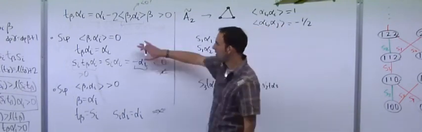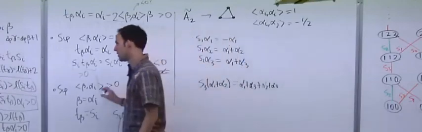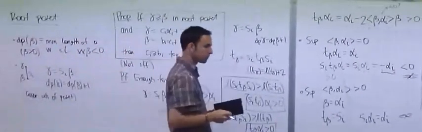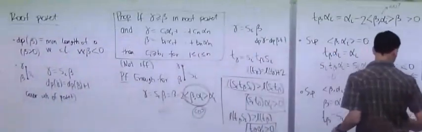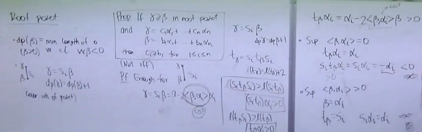So that proves that beta and alpha I can't have a 0 or a positive inner product. That means that inner product is negative, which is what I wanted to show. And that proves my proposition. End of proof.